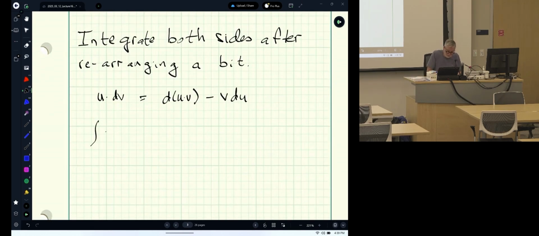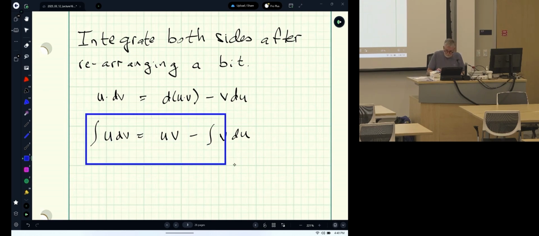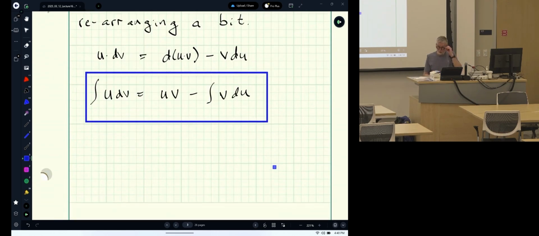So the integral of u dv, and then by the second fundamental theorem of calculus, the integral of d(uv) is just uv, and then minus the integral of v du. So that's integration by parts.